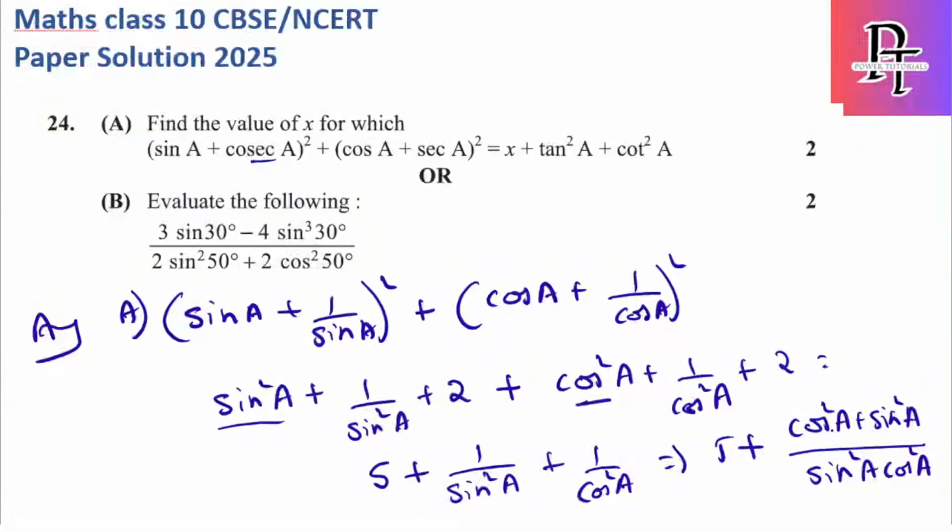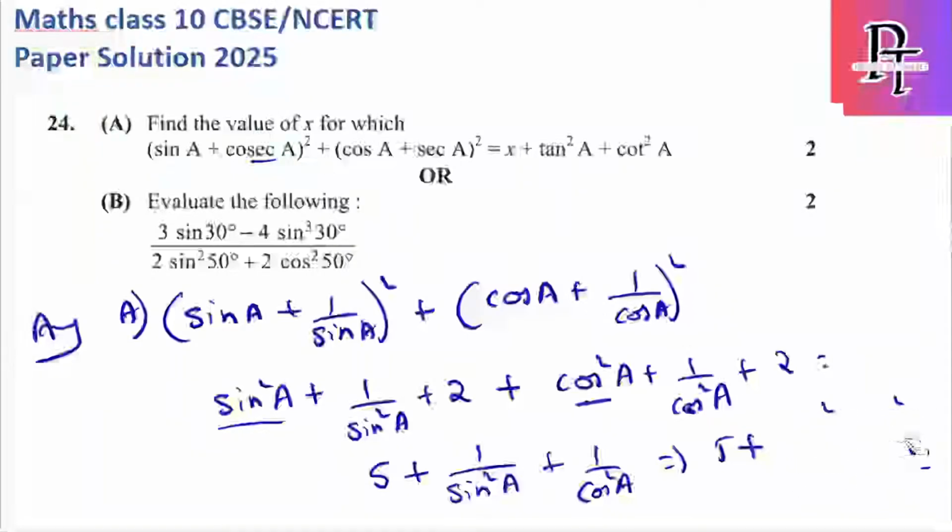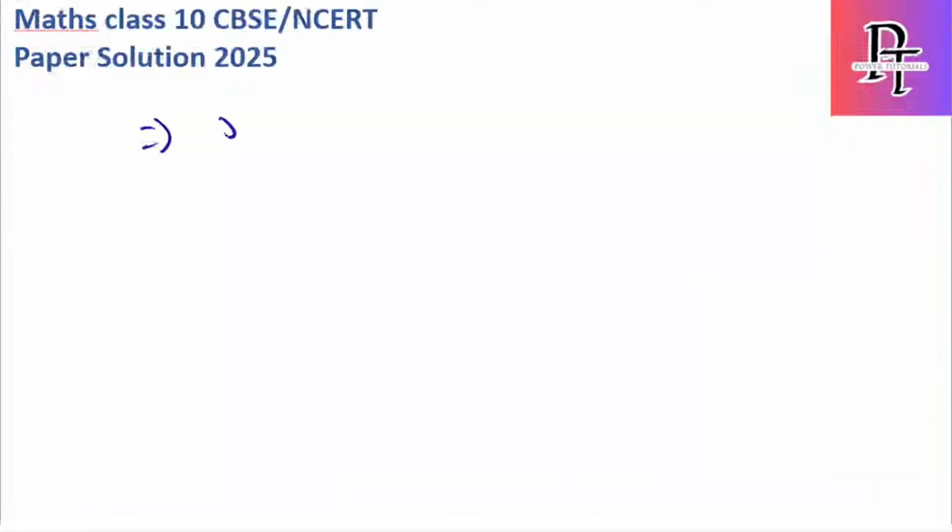No need to take LCM, just cut it again. So next step I'll write in next slide. So this becomes 5 plus cosecant square A plus secant square A.